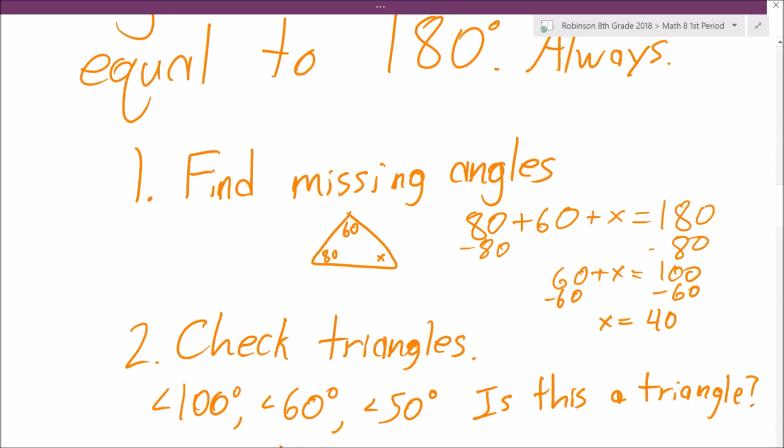And we would say 100 plus 60 plus 50 equals 210, which is not equal to 180, so no. Okay, those are the two ways that we use our triangle sum theorem. That's pretty much it. And we're going to focus on the first one today.